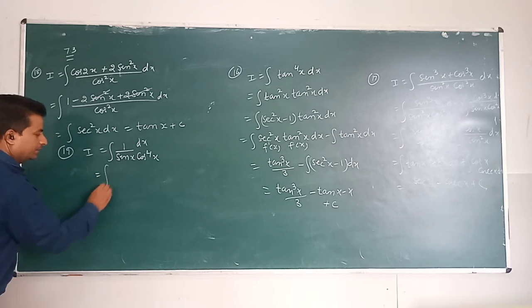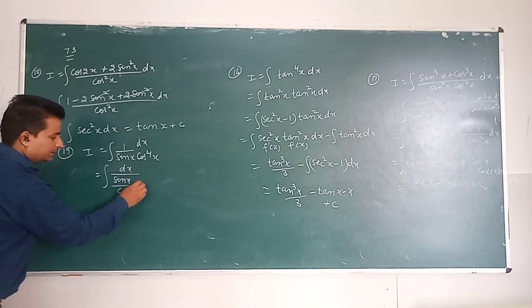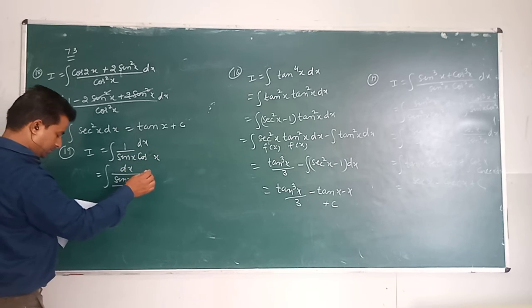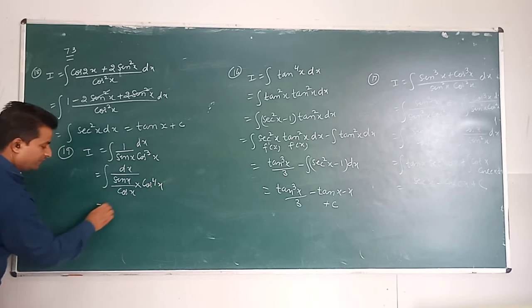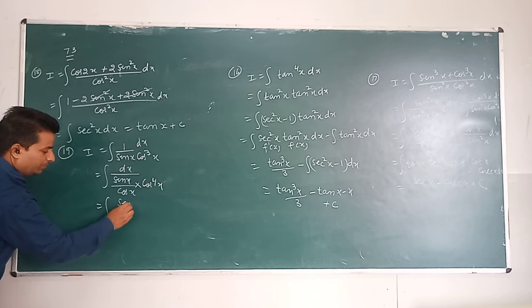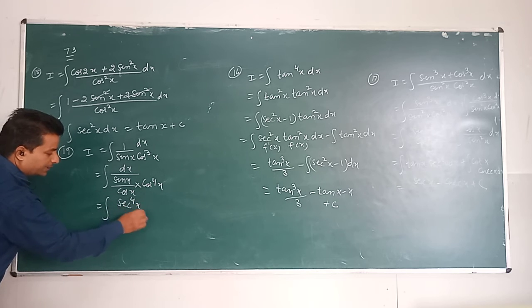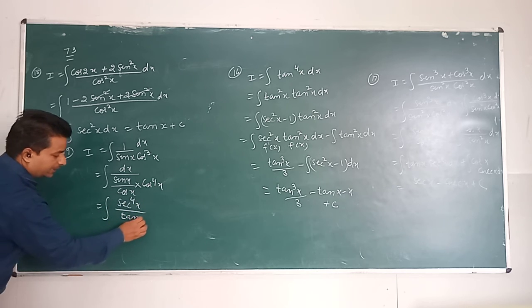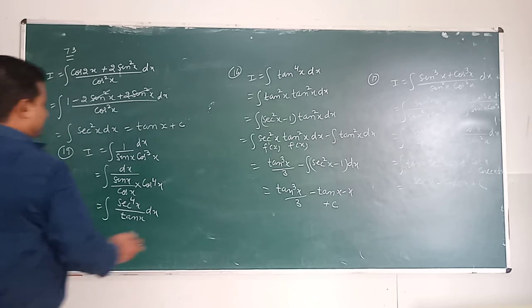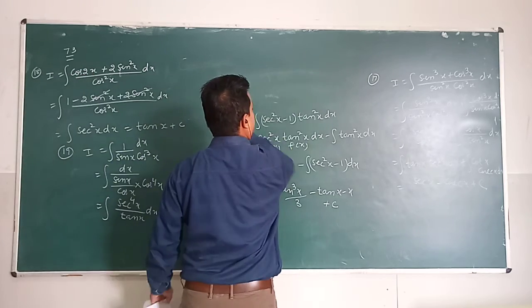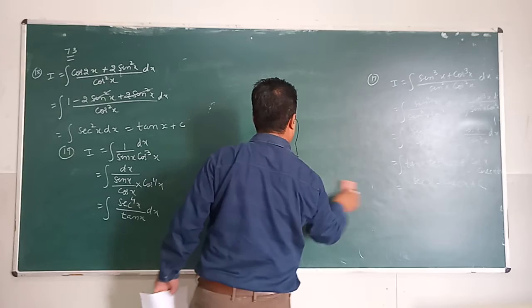In question number 19, the statement is 1 upon sin x into cos power 4 x. In this question, first we divide this by cos. So this is here cos cube, so this is cos power 4 x. When we take this in the numerator, this is secant 4 x upon tan x. We write this secant 4 as secant square into secant square.